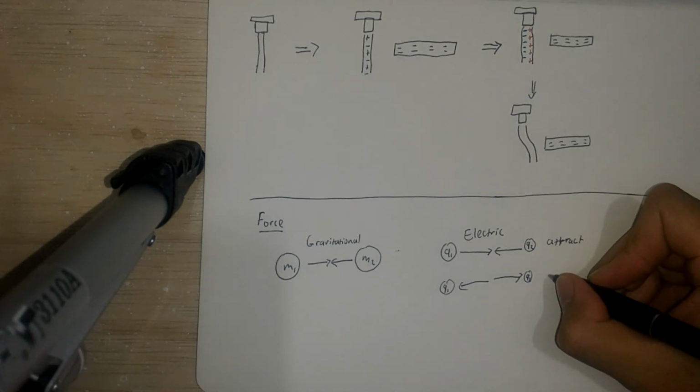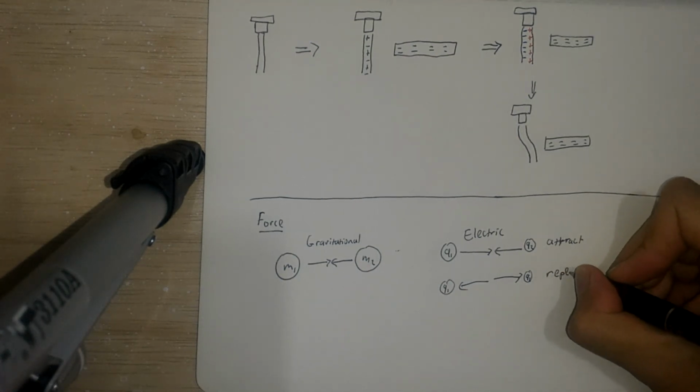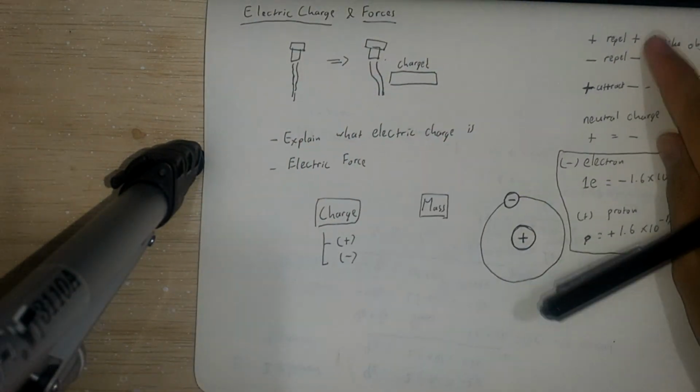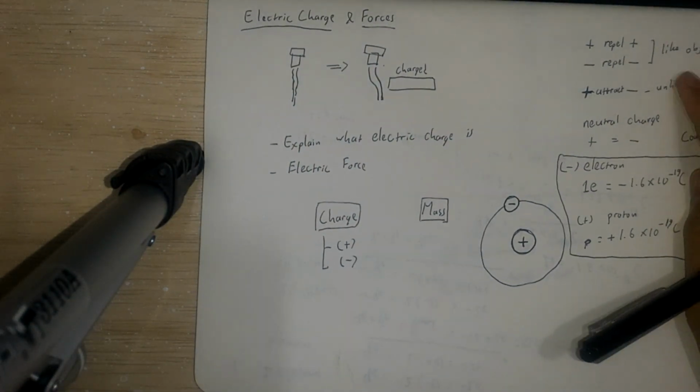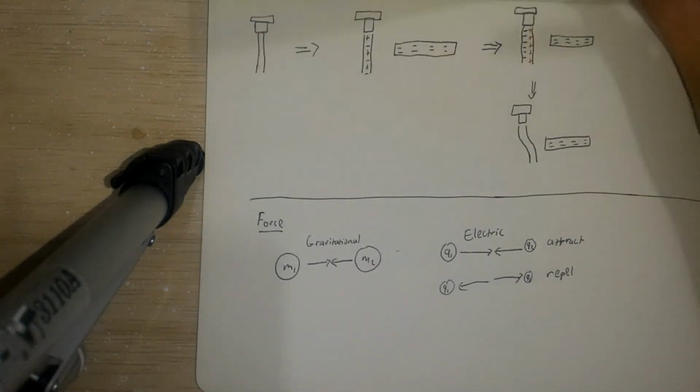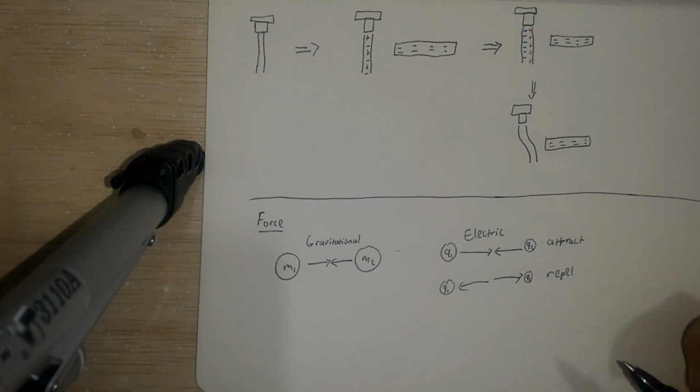So how do we know when it attracts and when it repels? The same thing: two like charged objects will repel, and two unlike charged objects will attract. Now we're interested not just in how it attracts or repels, but how to calculate it.